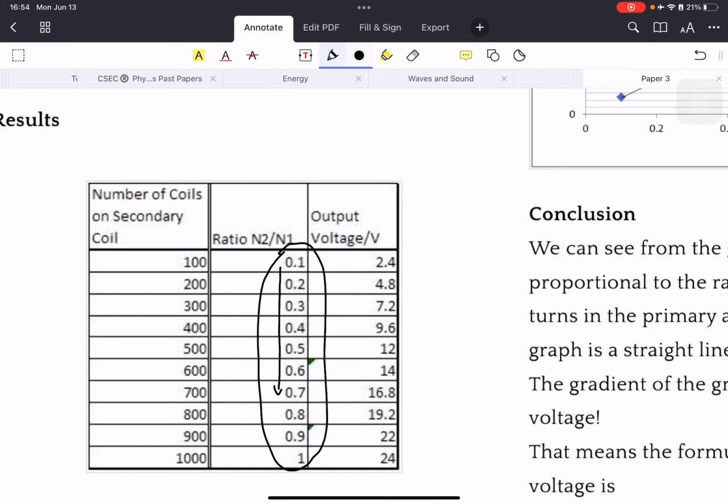So as the ratio of the number of turns in the secondary coil to the primary coil increases, the output voltage will increase as well. This basically means the more turns you have in your secondary coil compared to your primary coil, the higher the voltage is going to be as our output.